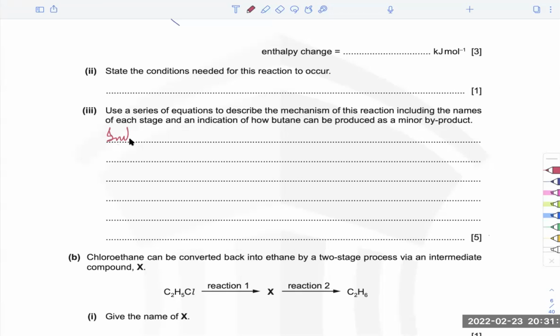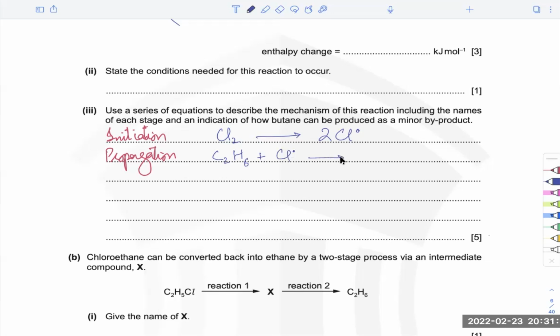Neatness will really help. So initiation, I have chlorine molecule breaking down, making chlorine radicals. That's initiation. Propagation, I have this chlorine radical approaching. I don't have to show the structure. I can just write this. Molecular formula is fine.